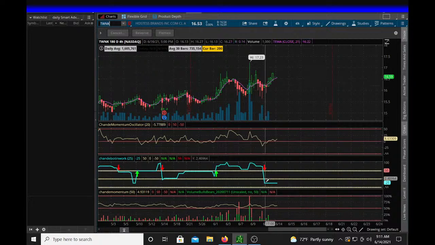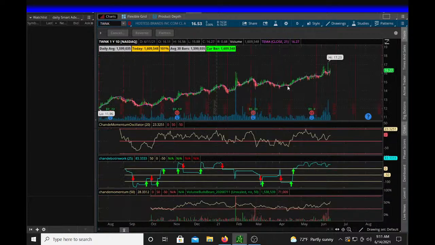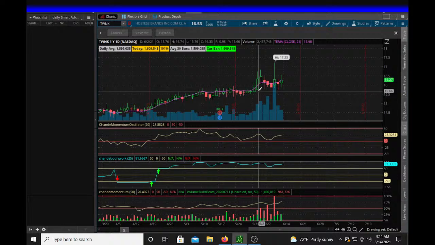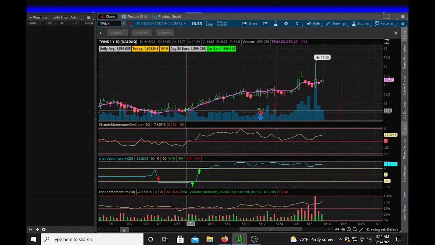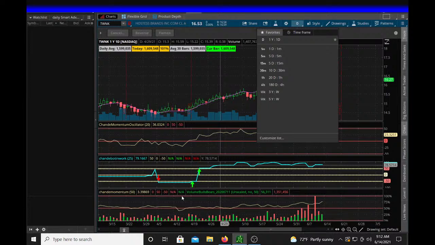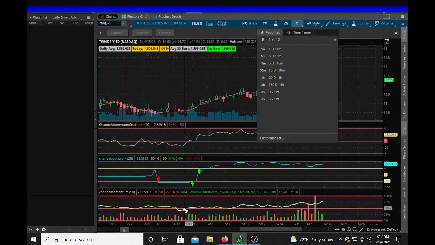We need to be watching for this pullback to be over here on the 4-hour chart, if that's the chart you're trading. And this daily chart here, I like how, of course, now it's hit its highs. We should have been watching our Twinkies way back here. And since I love the Twinkies, and you see how this momentum catches the signal in the daily. All right. And we cross above here just a little sooner than this oscillator does here.